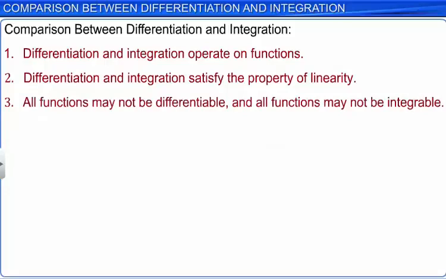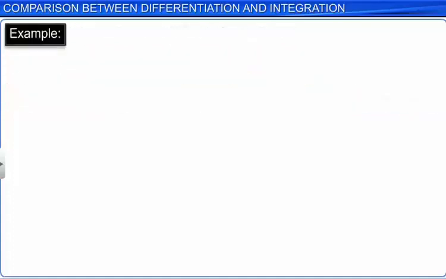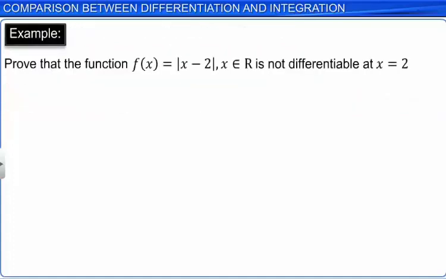For example, the function f of x is equal to modulus of (x minus 2), where x belongs to the set of real numbers, is not differentiable at x is equal to 2. Let's prove it. This is the given function.